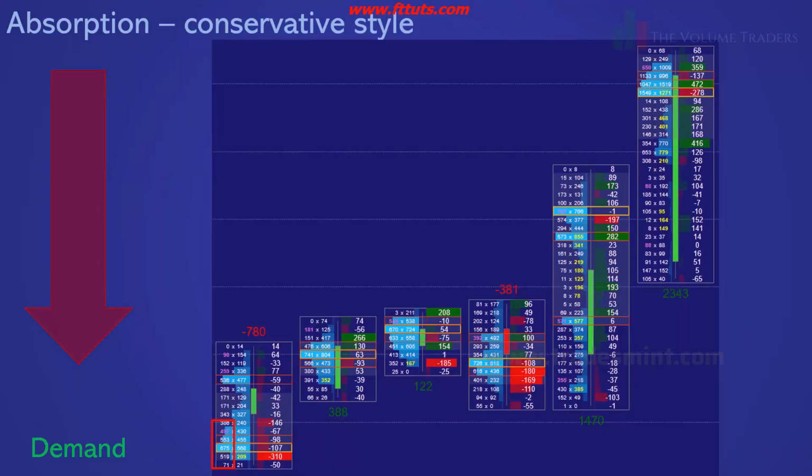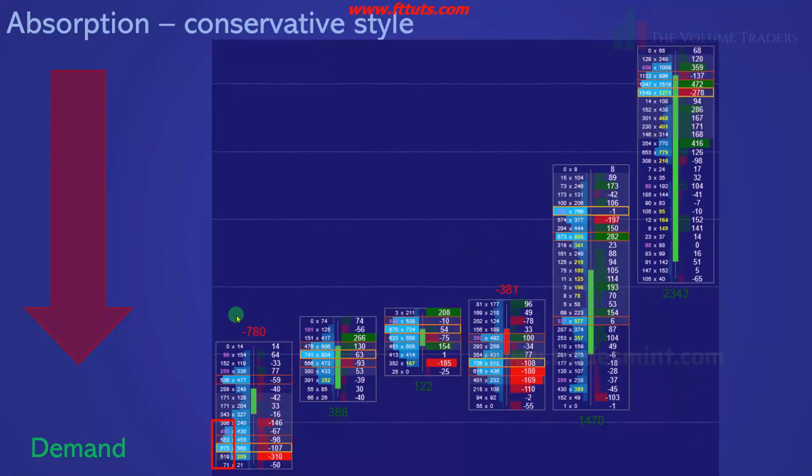So it is good to see a highly negative delta. Here in this case it is minus 780. After a while, after some chart time, you will know which numbers are big or which are too small. But this is a highly negative delta for this particular asset.